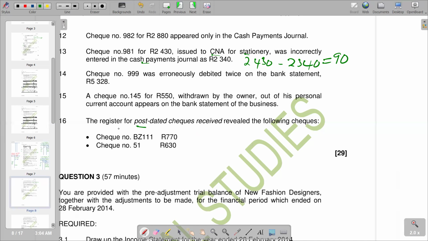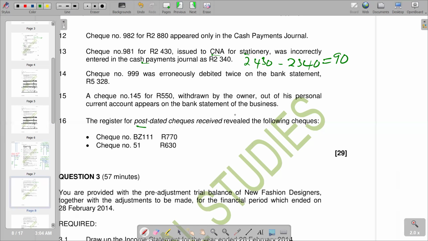They are in the post-dated checks register, but they haven't been issued. So we are not going to record them. But if they were issued, maybe to the bank, that's when we are going to record them.